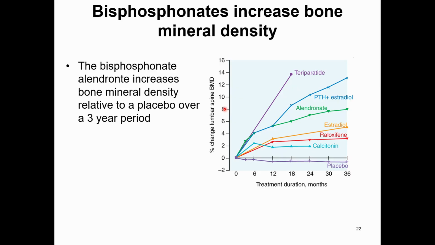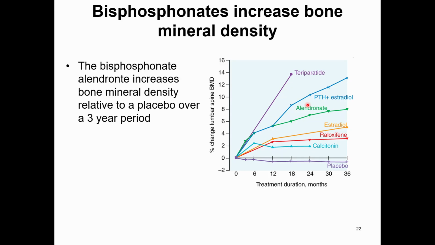And what you can see, whoops, as I drop my microphone stuff here, what you can see is that these drugs have an effect because it's different than the placebo. There we go. So once again, here's the placebo. And here you can see some of these bisphosphonates up here that increase bone density.